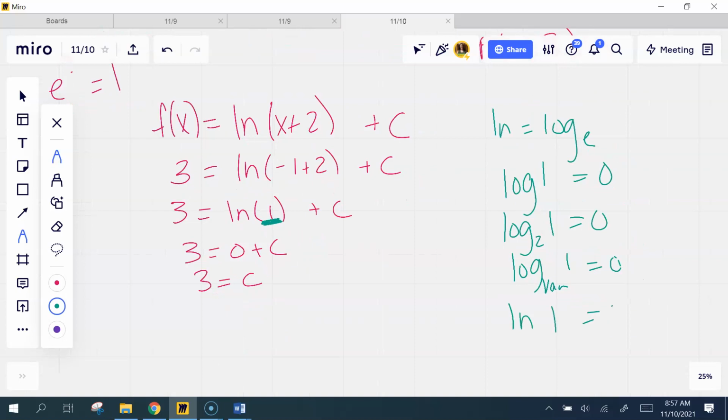Natural log of 1 is 0. It doesn't matter what the base is. If this is 1, it equals 0. Very easy and flat. You don't have to calculate it. The mental math thing.